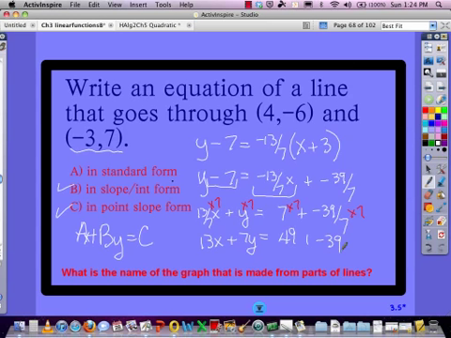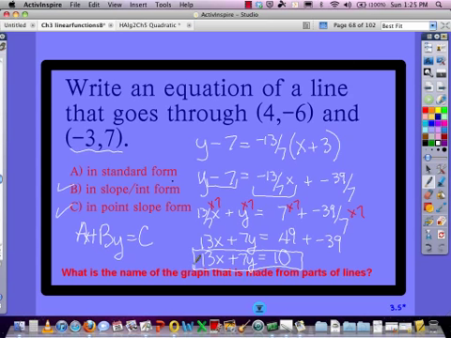And we can finally do any addition or subtraction that still remains, and that would be our 49 plus negative 39. So our final answer of 13x plus 7y equals 10 should be our equation in standard form for this line.